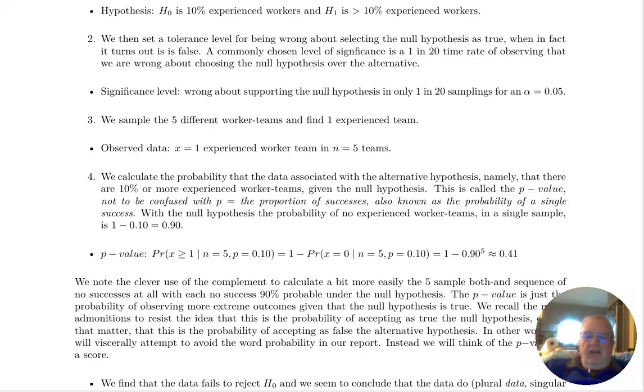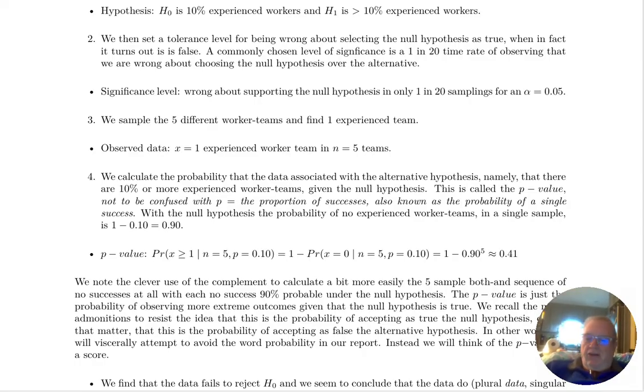This probability is called the p-value, not to be confused with p equals the proportion of successes in a binomial draw, which is also known as the probability of a single success. With the null hypothesis, though, the probability of no experienced worker teams in a single sample is 90%. With the null hypothesis. See, that's the point, with the null hypothesis.